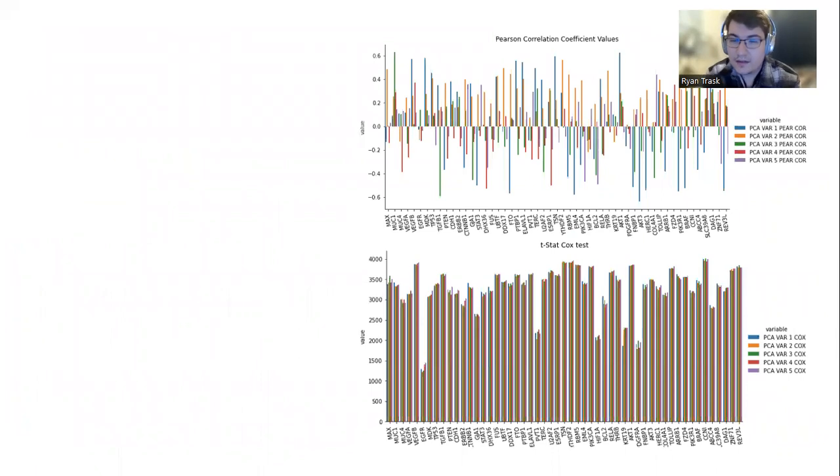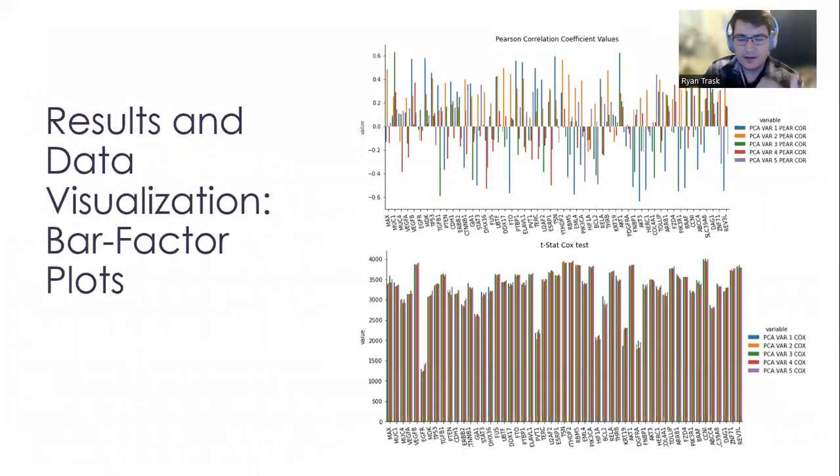Now, here's the raw data plotted. You see on the bottom the T statistic from the Wilcoxon rank test from before, and the T statistic values are the same across the PCA vectors, all the same. Okay, it's working.